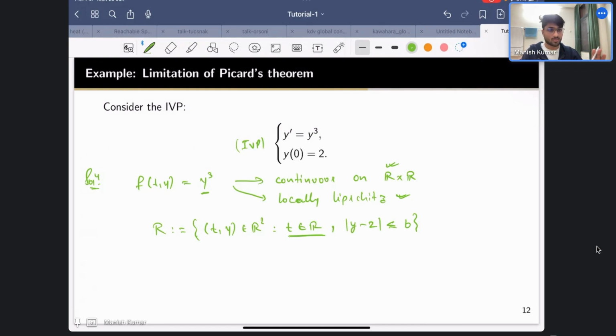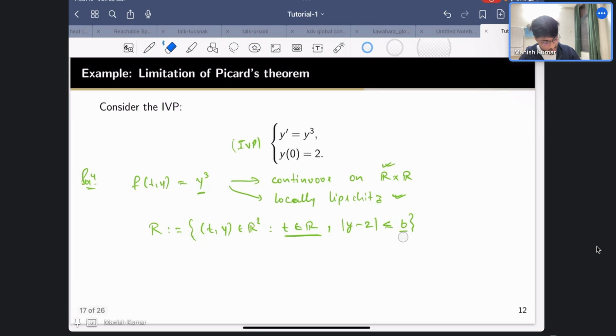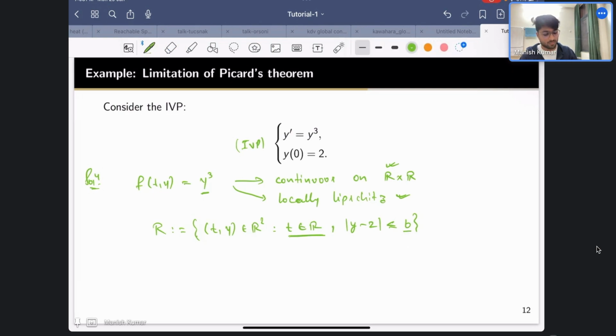We will try to find the optimal value of b, where we can achieve the maximum interval of existence. You remember this h. Let me go one by one. Now this rectangle we will be considering where b is unknown. b is some real number greater than 0 and is unknown so far. Any b would work.